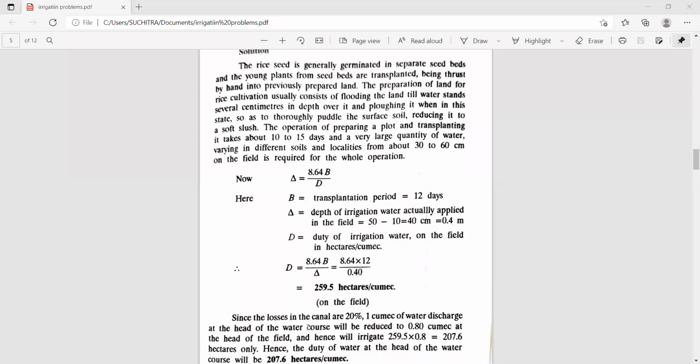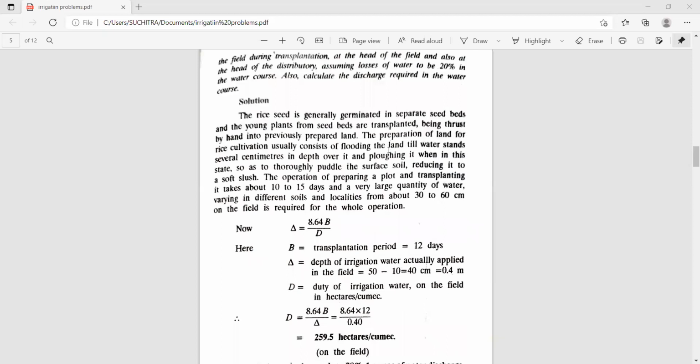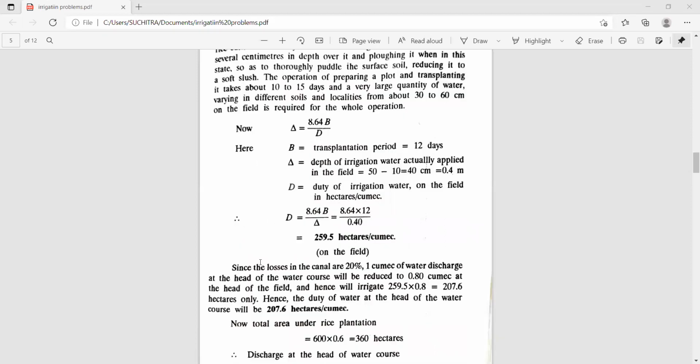Now, since the losses in the canal are given, that is nothing but the transit losses, 1 cumec of water discharged at the head of the watercourse will be reduced to 0.8 cumec at the head of the field because the losses are taken into account. These losses are nothing but the conveyance losses or the transit losses.